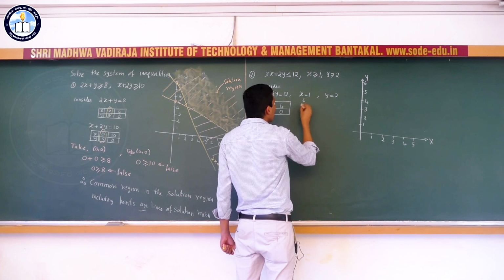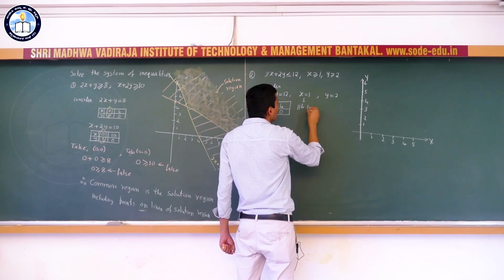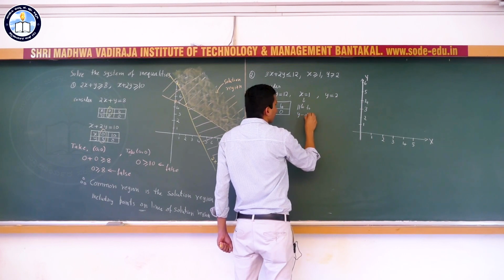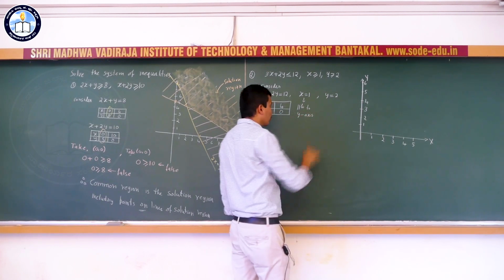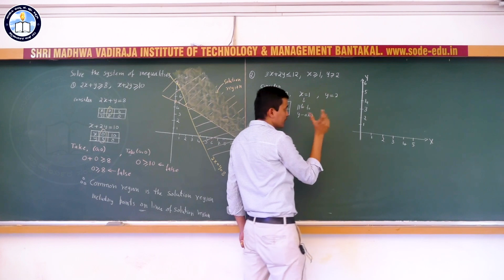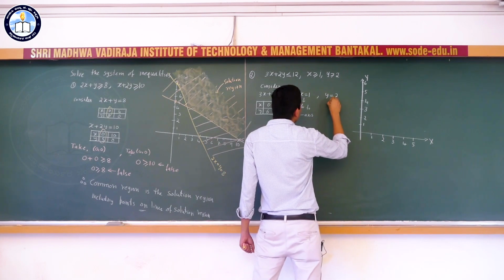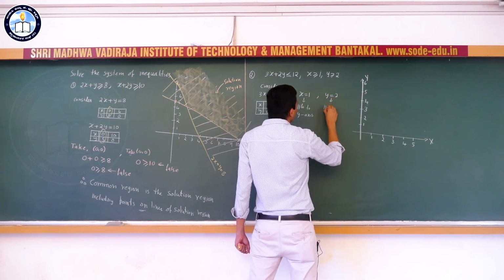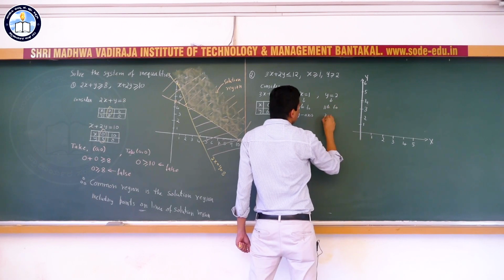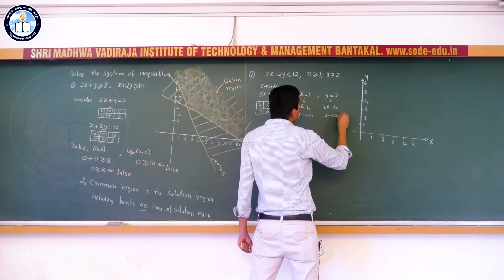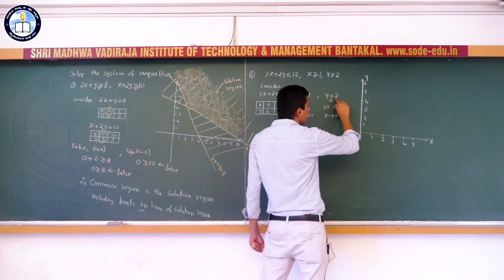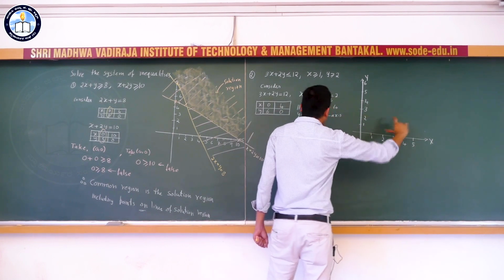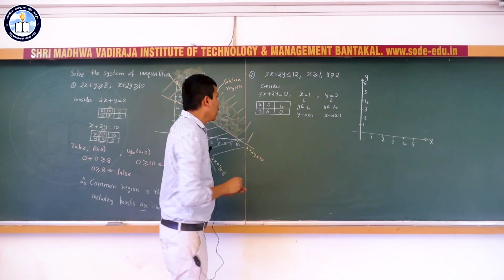I'm just taking it as a line parallel to the y-axis, but you should know where to draw it. And this particular line is parallel to the x-axis, at a distance of 2 units above the x-axis. We'll draw that line.